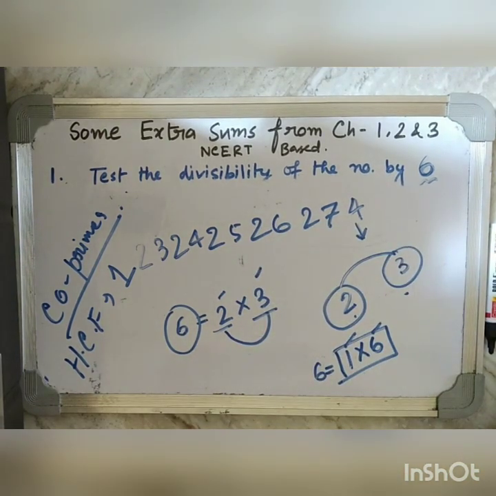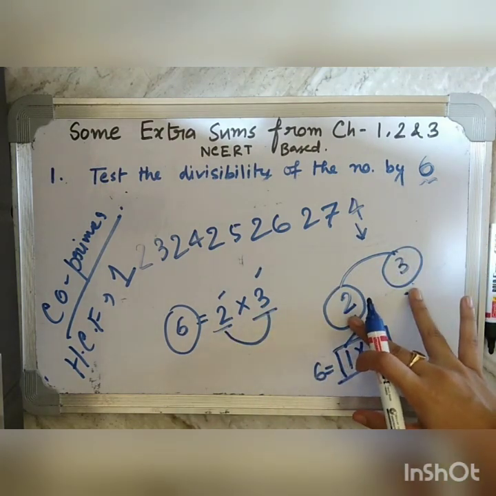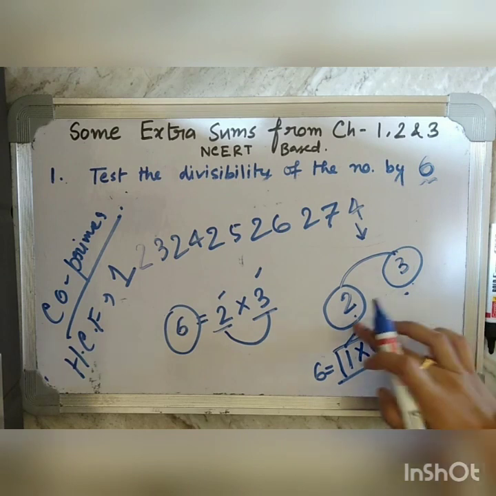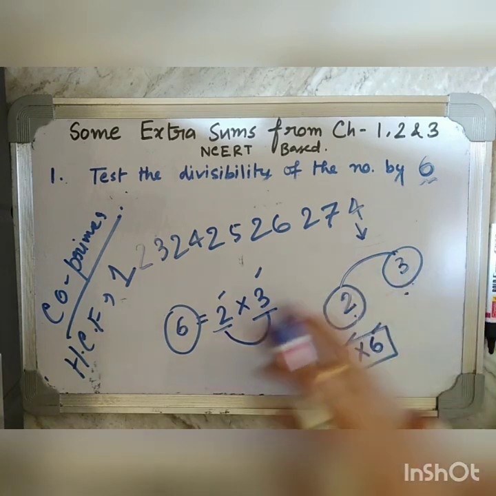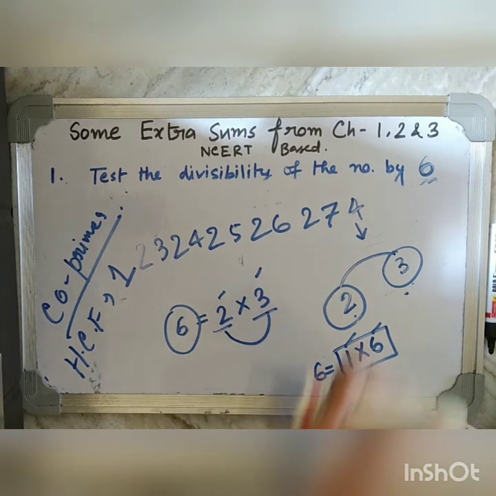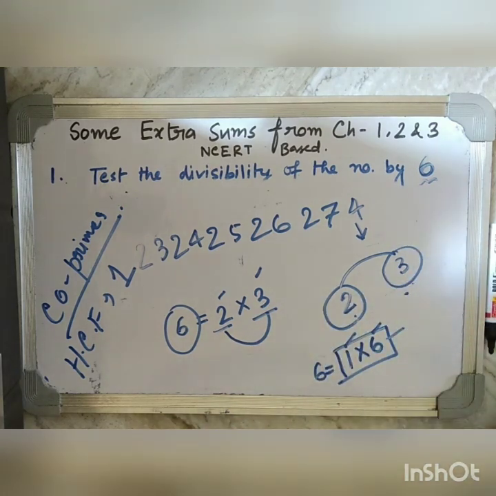First thing, these two are co-prime numbers. These two are co-prime factors. These are the numbers whose product is also 6, which are other than 1 and 6 itself. Okay. In this way, we can find some more numbers' divisibility rule. I will come back to that point also.